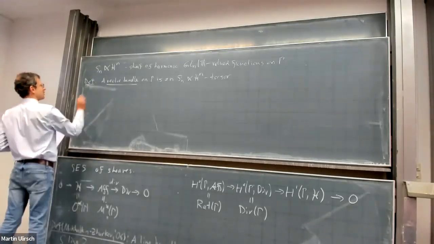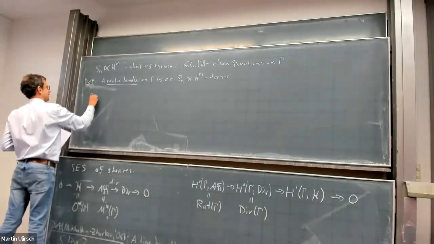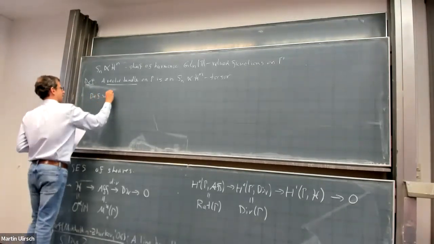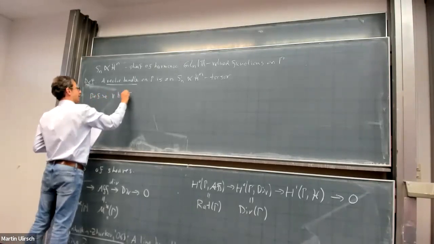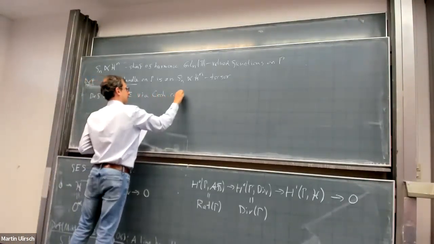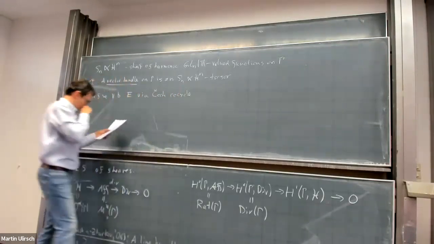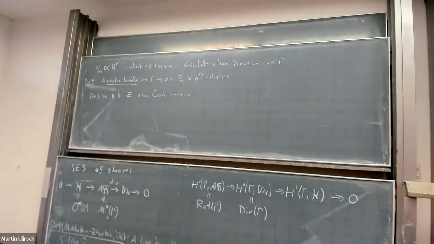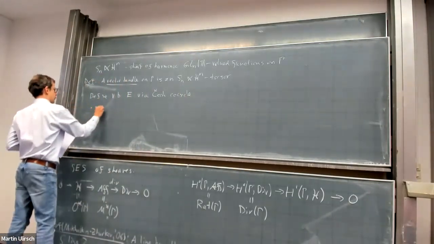So I want to define a vector bundle E via a Čech cocycle. And this is actually really easy to do with graphs because they have such a simple structure. First, you pick a simple model for your graph.